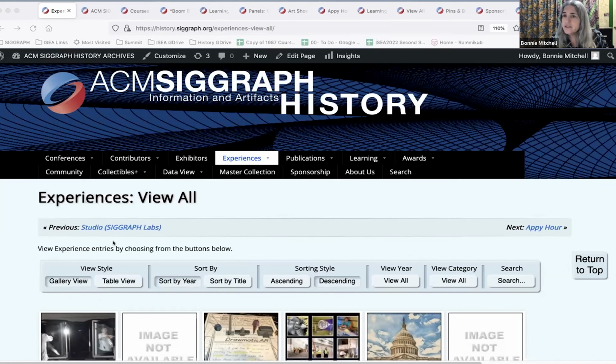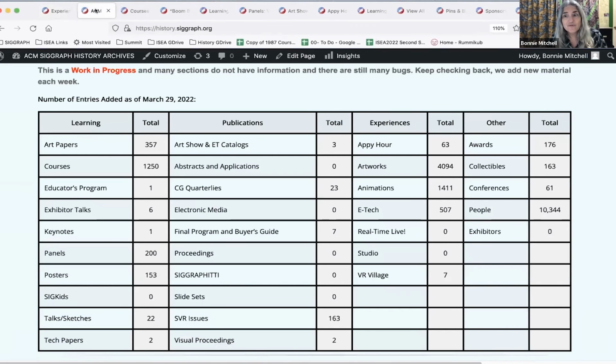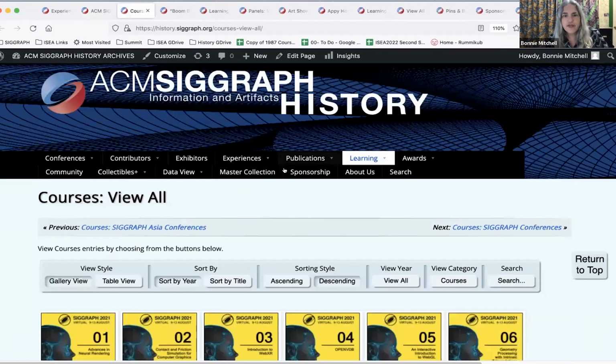But first of all, it's an online archive, and we've been working on it for about a year. It's not done, but it's coming along really well. And on the front page, you can see the updates of what we've added to it and what clearly needs to be added. So we have publications and animations and courses and all kinds of fun things.